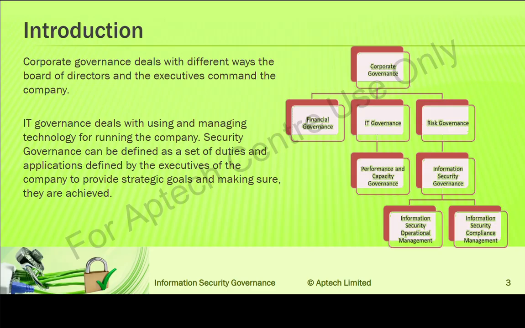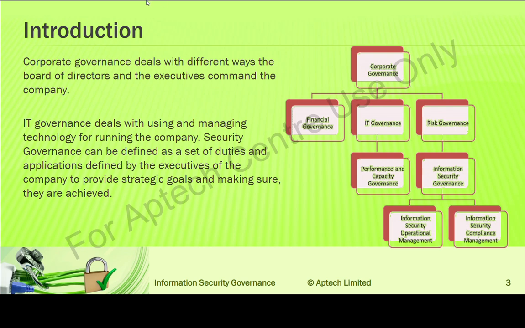Under information security governance, we have information security operational management and information security compliance management. Both operation and compliance have to be governed. These are the strategic plans provided by the executives of the company to achieve the goals and make sure all the goals laid down are achieved.